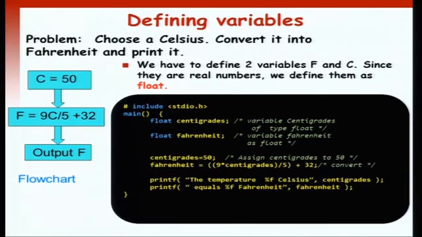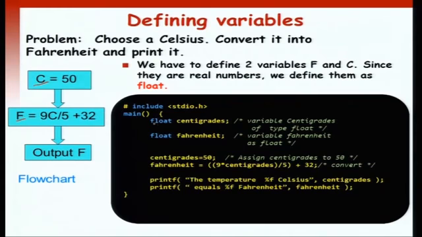In the flowchart we have seen that we have two variables, C and F. These are the variables that we would want to implement in the C code. So let us see how to do it. We write the following C program, in which we now have two more components.